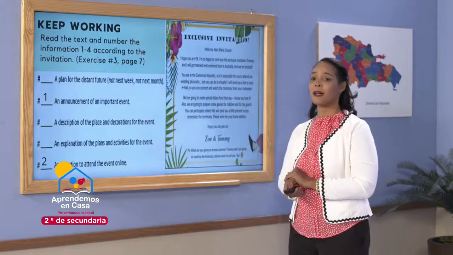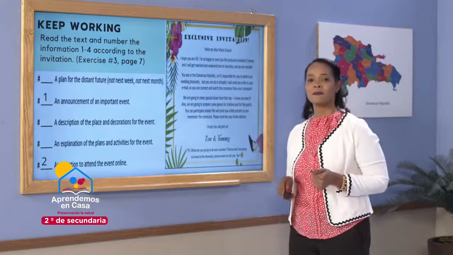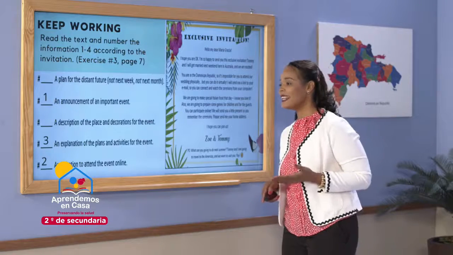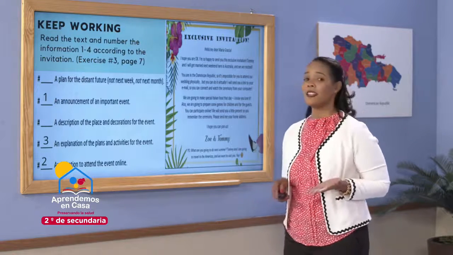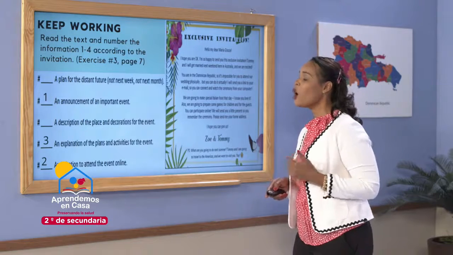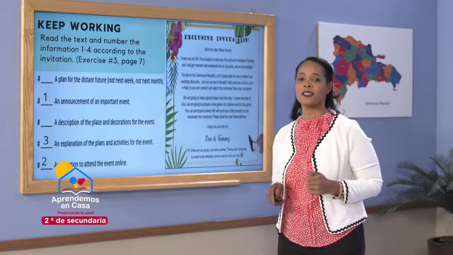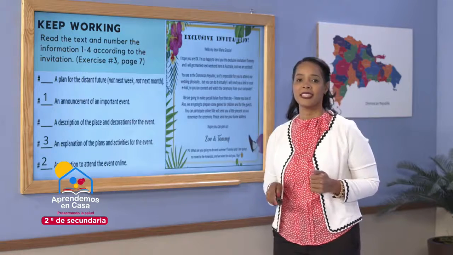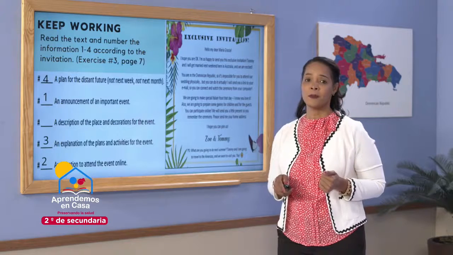Una invitación para asistir al evento en línea. Which one is the number 3? Yes, an explanation of the plans and activities for the event. And which one is the number 4? A plan for the distant future or a description of the place and decorations for the event? Exactly, a plan for the distant future.